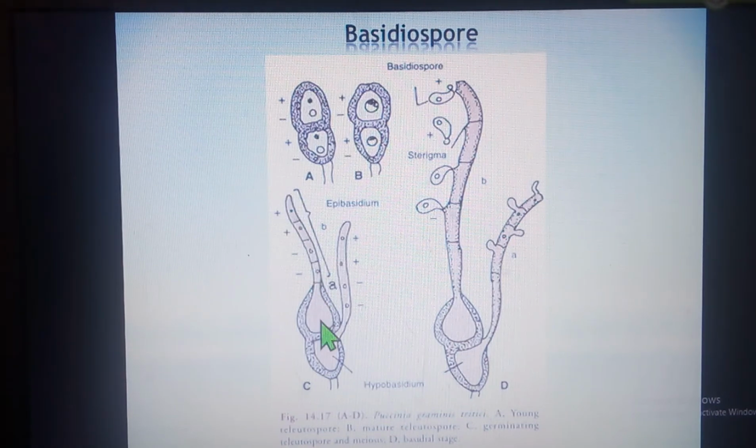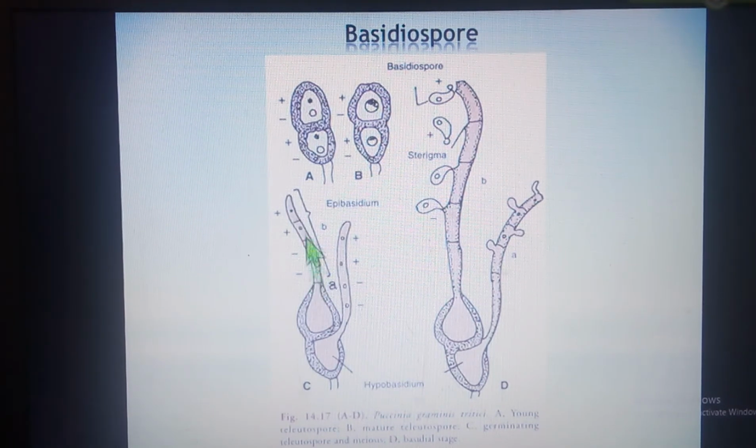So what happens in this case after the formation of this germ tube? Remember that the nuclei fused together to form a diploid nucleus. So the diploid nucleus will pass through this germ tube, inside the probasidium, and it will undergo meiosis to form 4 haploid nuclei.